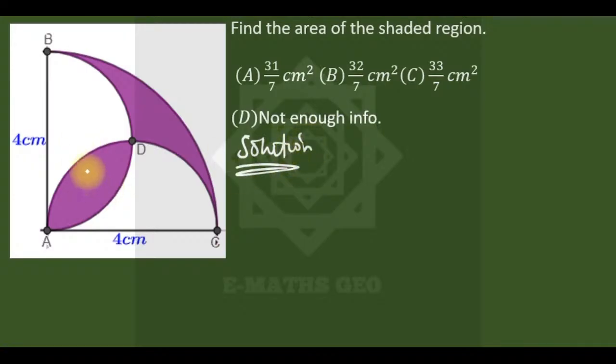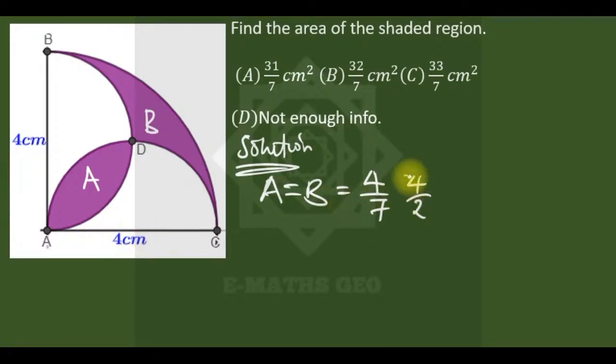Assuming we call this area A and this area B, A is equal to B. I will still prove it. So both areas are equal to 4 over 7 times the length here, half of it, that is 4 over 2, squared.